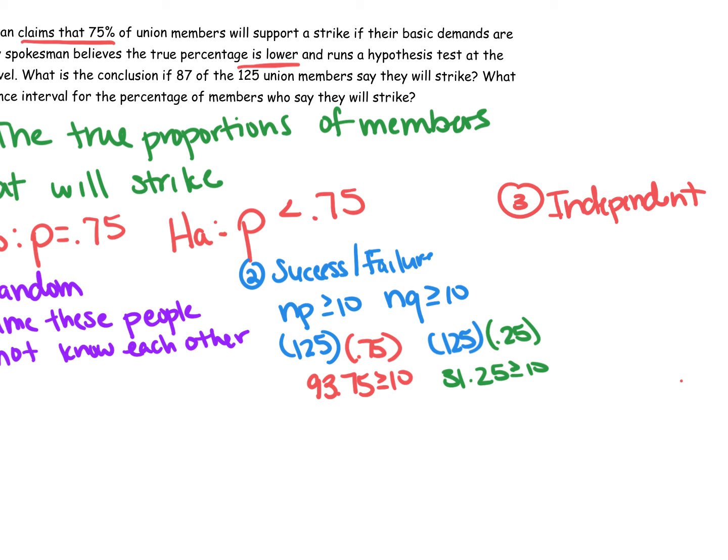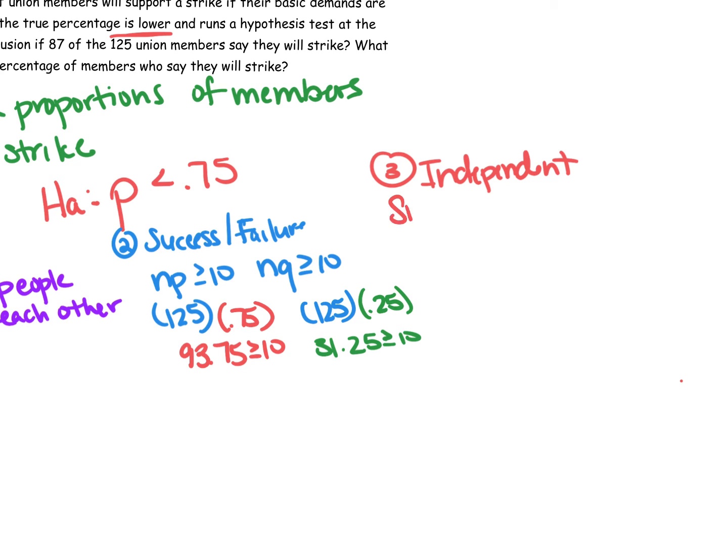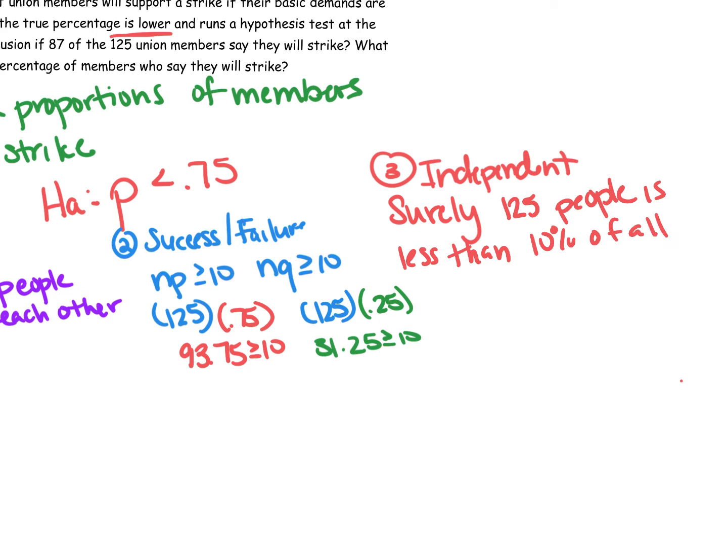Remember, in the 10% rule, we always start off by saying, surely the sample size, which in this case is 125, is less than 10% of all people who work for this company. So now what we have done is we've shown independence, or that the sample is independent of the population.